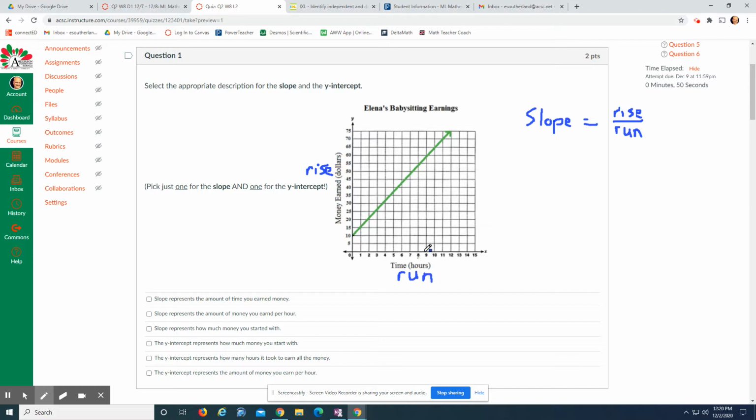So most of the time, you can always put whatever this is. So it says money earned or dollars per time or hours.